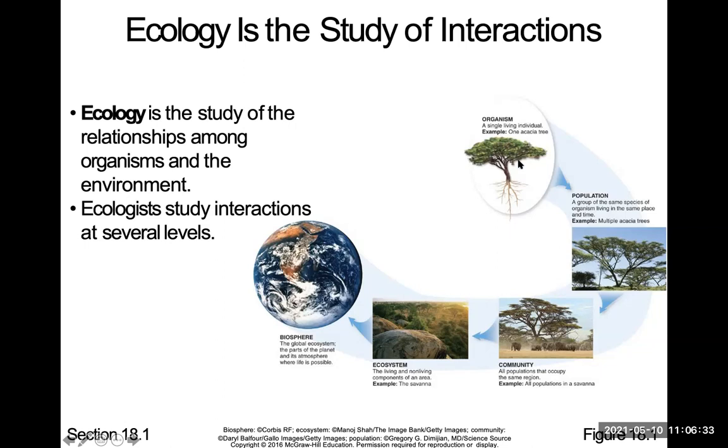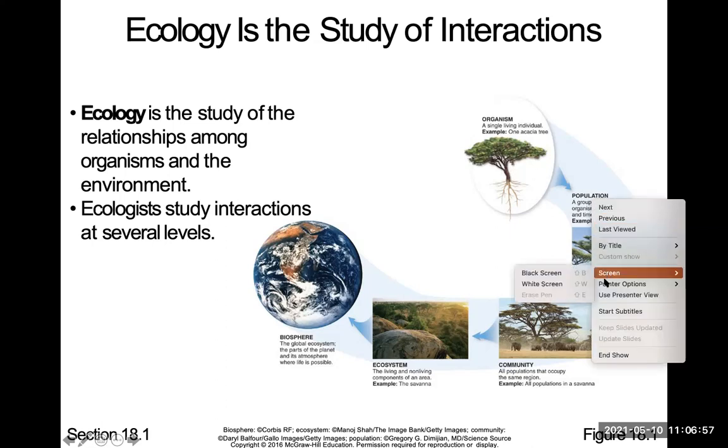Here is this population. This chart is showing you the organism, which is this tree here, and a population is a group of organisms. This is an acacia tree, one acacia tree, that's an organism. And a group of these acacia trees is going to make a population.